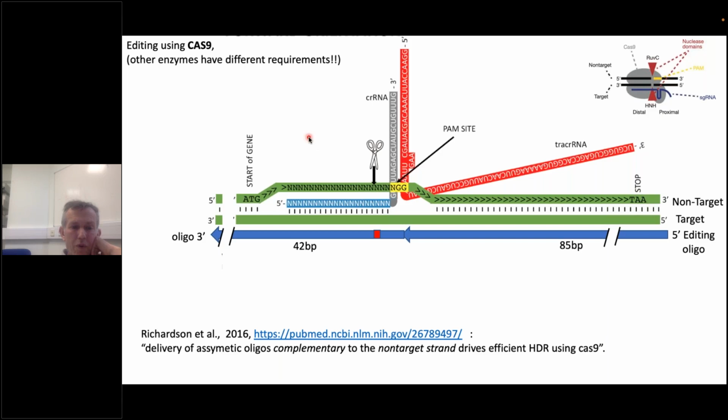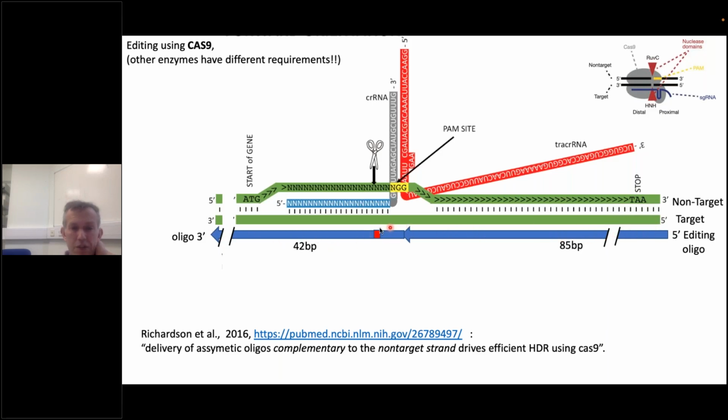So we make these oligos in a particular way, and I've tried to show this in this figure over here. So these oligos are asymmetric, and they're complementary to the non-target strand. Okay, so I show this over here. So the oligo goes in this direction.